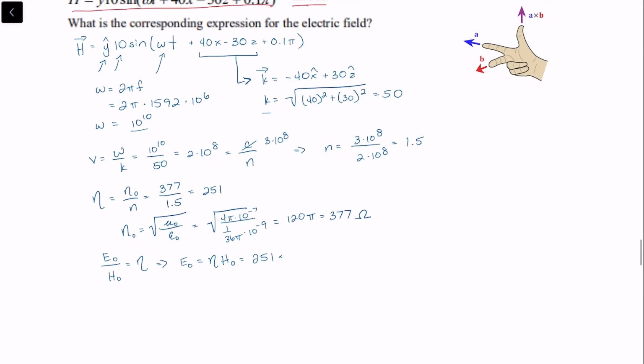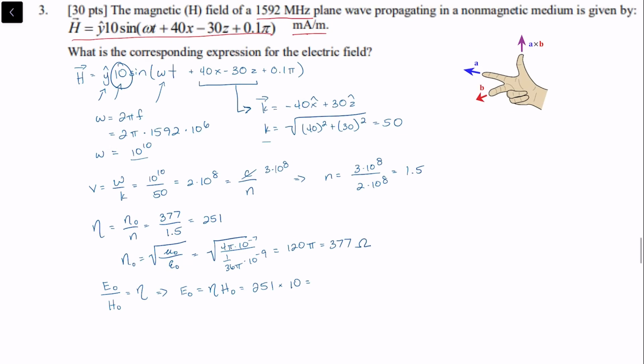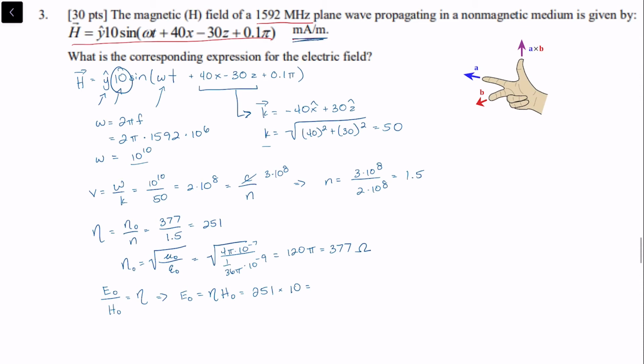H naught is this magnitude here. That is the magnitude of the wave. So H naught is 10. Or is it? Remember, we're working in milliamps per meter. What we want, ideally, is amps per meter.